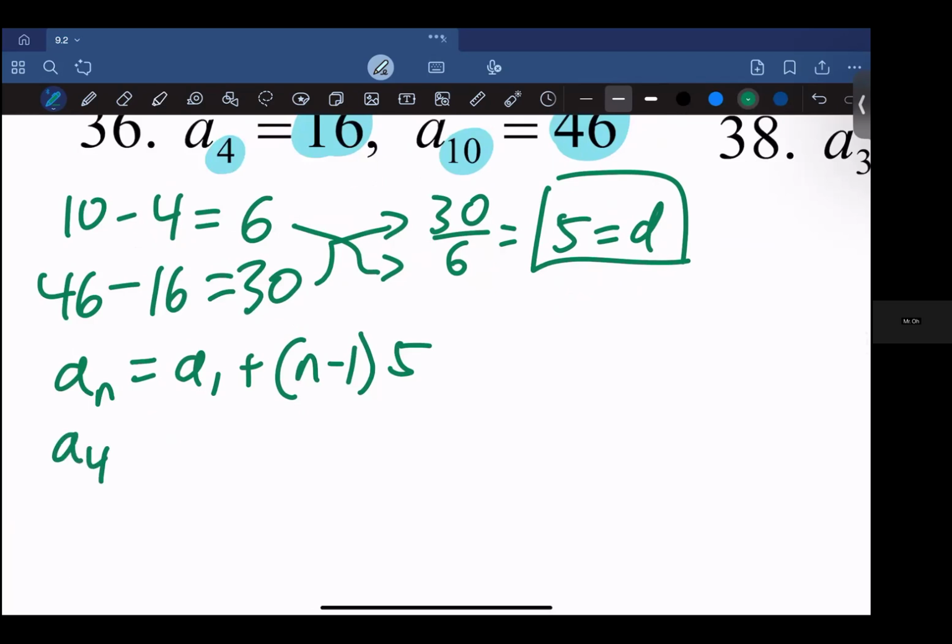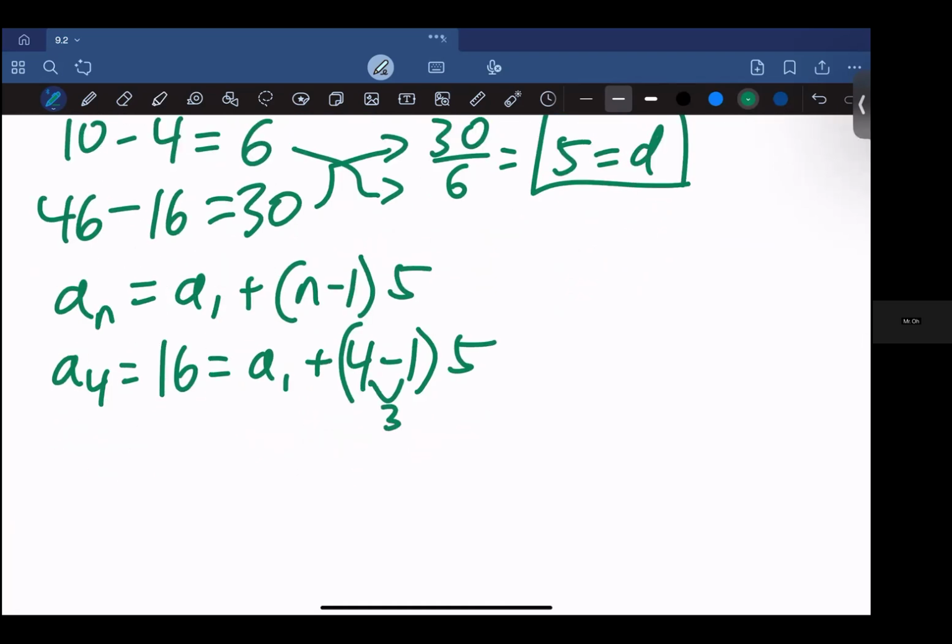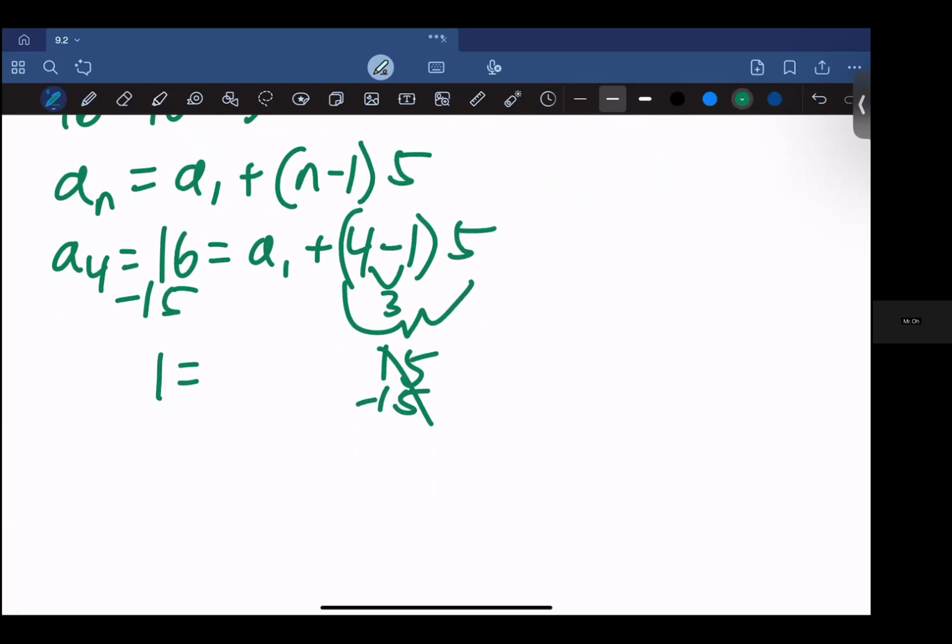We have a of 4, which is 16, equal to a1 plus, n equals 4, 4 minus 1 times 5. 4 minus 1 is 3, so this all together would give us 15. Then we can subtract this 15 to the other side, giving us an answer of 1 equals a1.